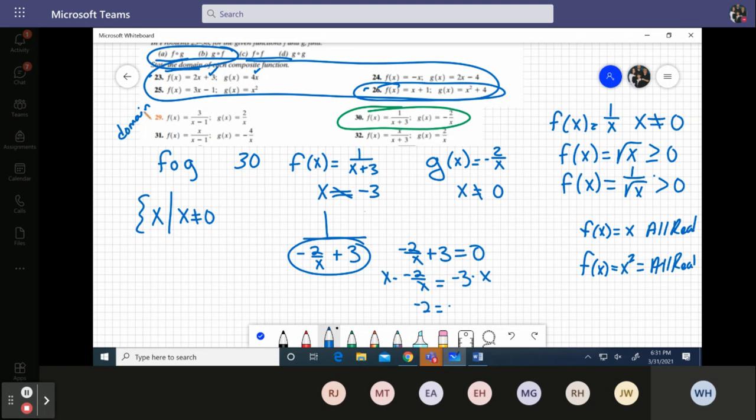Negative 2 equals negative 3x. Dividing by negative 3, x is equal to 2/3. So x cannot equal 2/3. And there's my domain.